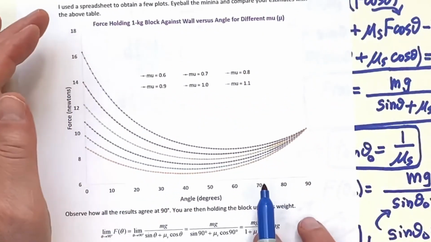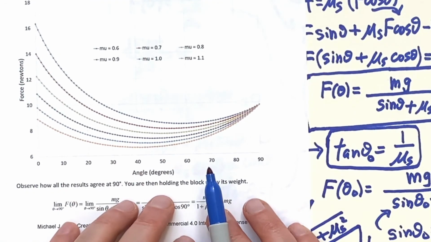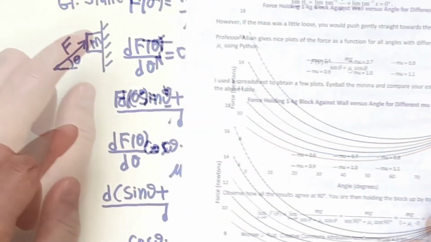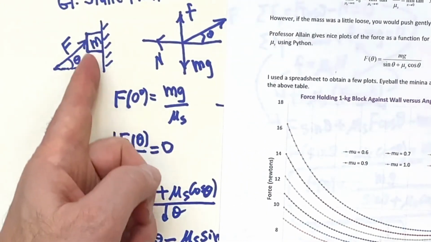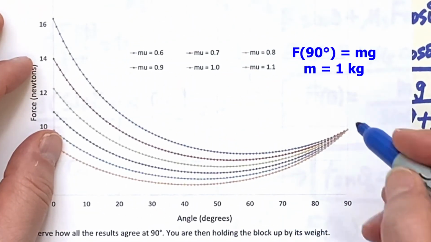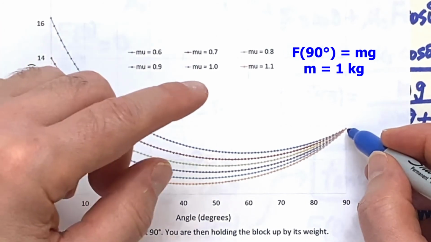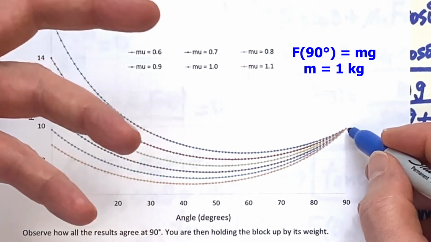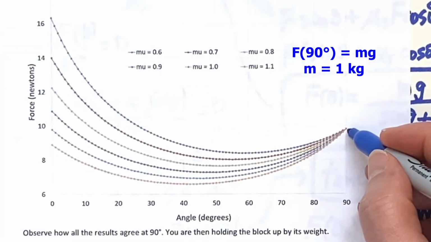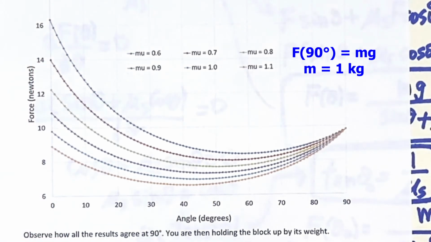Notice that if you look at the case where the angle is 90 degrees, remember, you're holding it straight up, then you're balancing the mg, and that's what this is here. This is mg. You have 1 kilogram, so 1 kilogram times g is almost 10, 9.8, and there's the 10 line up here, so that's the 9.8, say, and they all agree at the end, if you're going to hold it straight up, that's what you get.